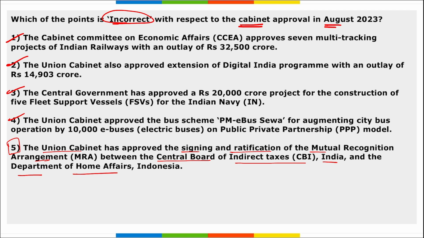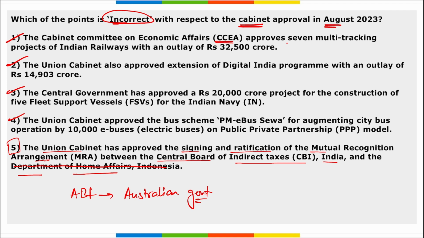Correct? So is it right? No. Remember, it is between the CBIC, that is your Central Board of Indirect Taxes of India, and the Australian Border Force of the Australian government. Correct?